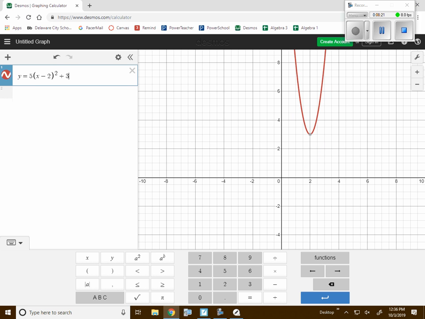That's what it should look like in Desmos to start. And if you're having a hard time getting that to show up, let me know. I'll come help you out.